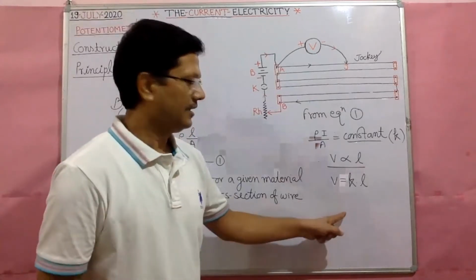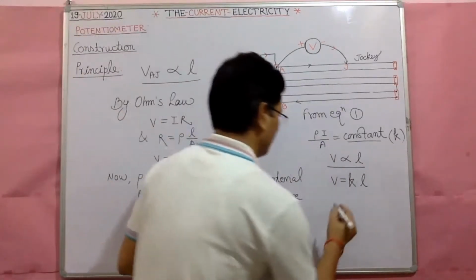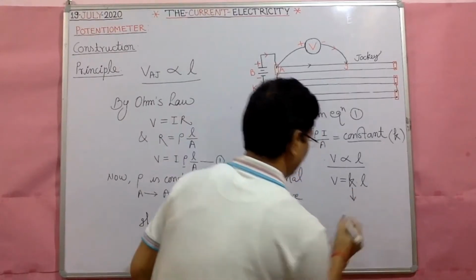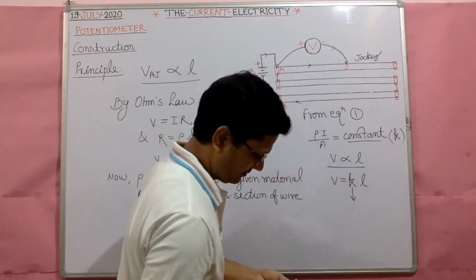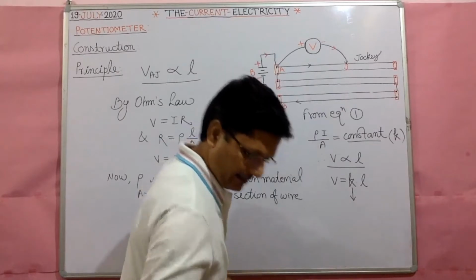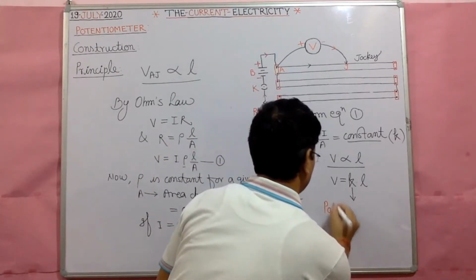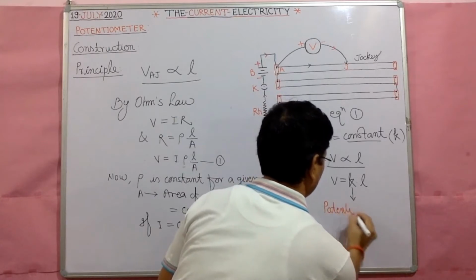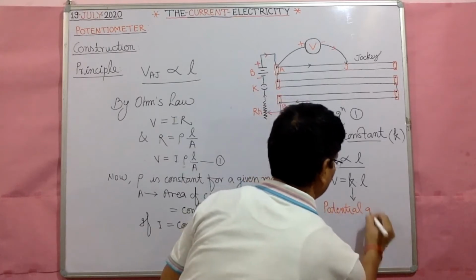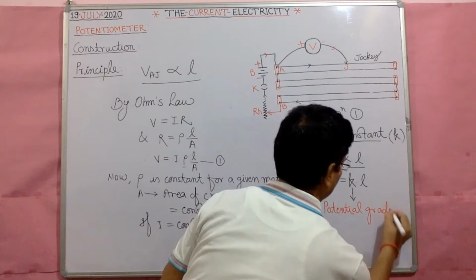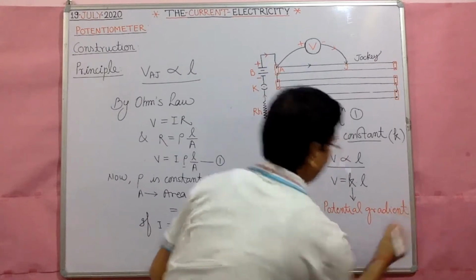This k is known as the potential gradient.